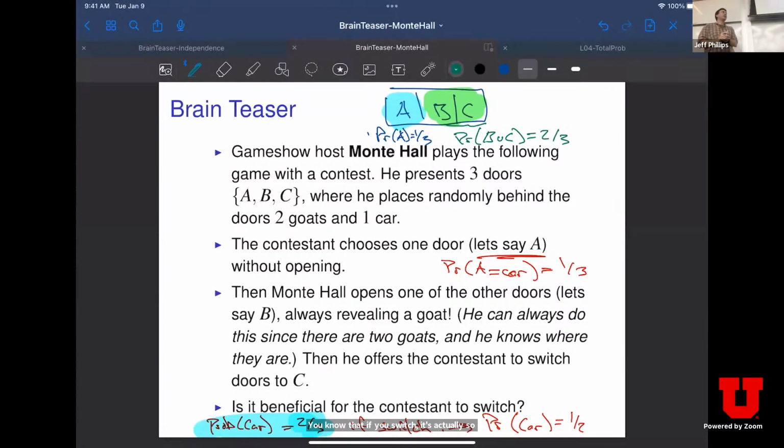Another way I saw to look at this is, let's say you have 100 doors instead of 3 doors. You first pick one door at random, and there's one car and 99 goats. Then Monty Hall looks at the other 99 doors and opens 98 of them to reveal goats, and says, now you can switch between the door you have or the door that is left over from amongst the ones you didn't check.